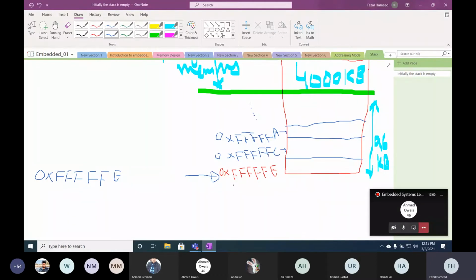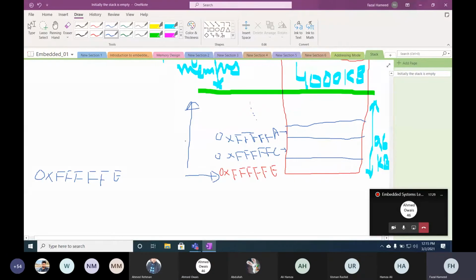And if we push an item to the stack, will the address be decremented or incremented? The address will be decremented if we add an element to the stack. Decremented, sir. So the stack will move in this direction.